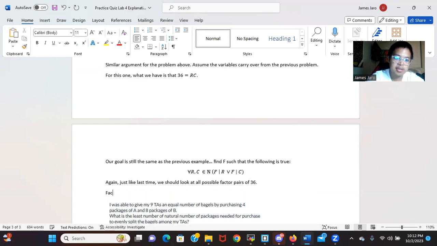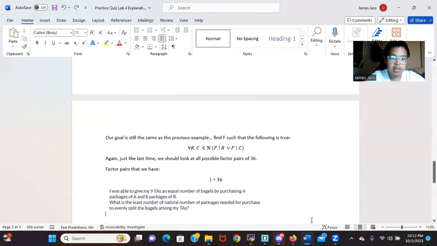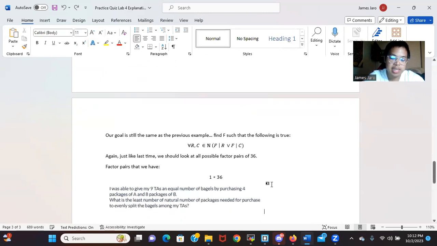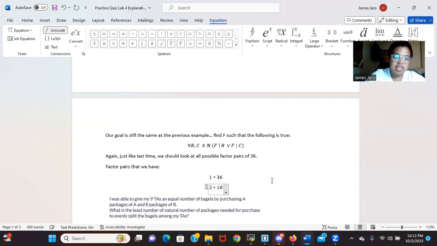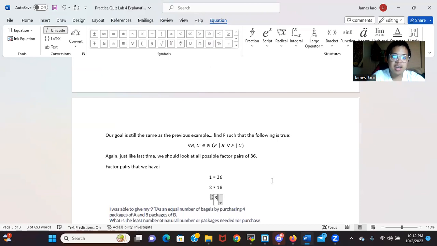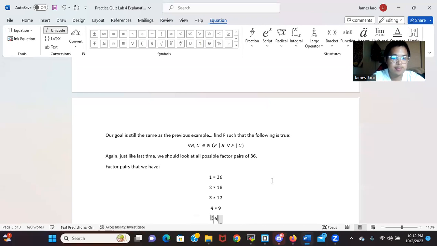And so the factor pairs that we have for this are 1 times 36, 2 times 18, 3 times 12, 4 times 9, and 6 times 6.